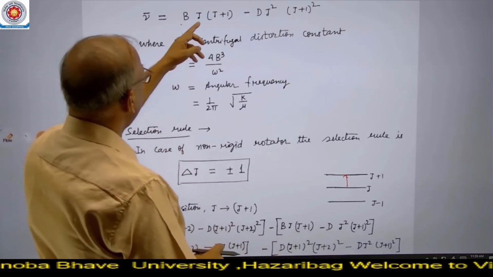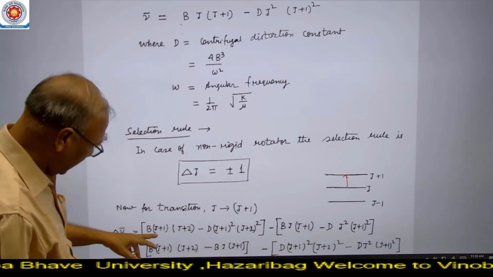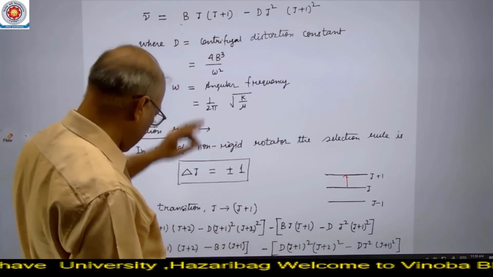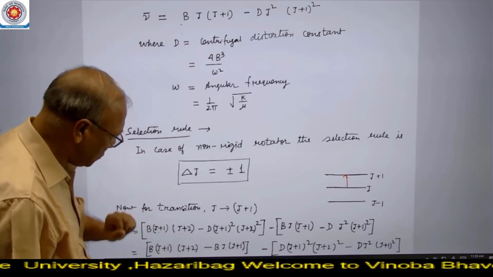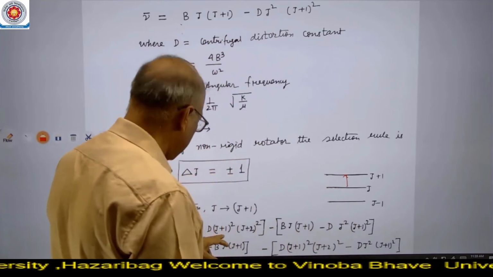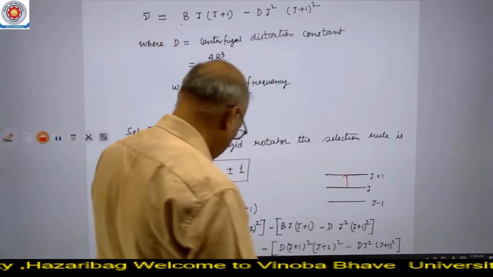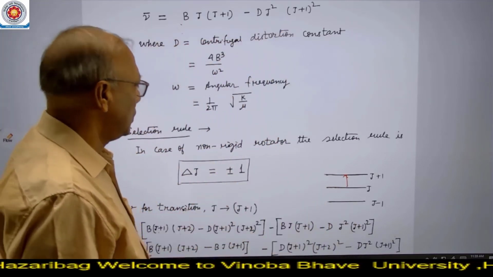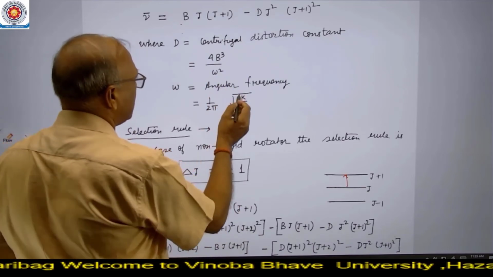In place of J we have written J plus 1, and in place of J plus 1 we have written J plus 2.